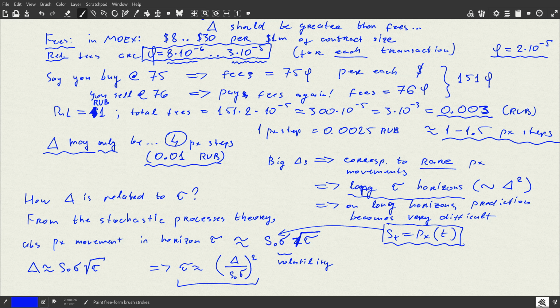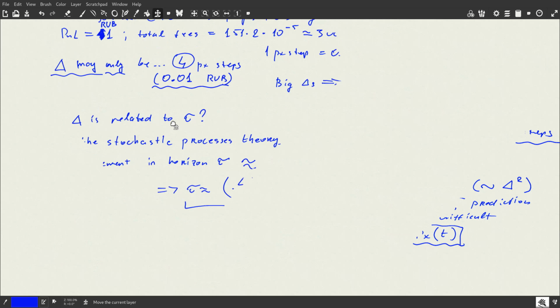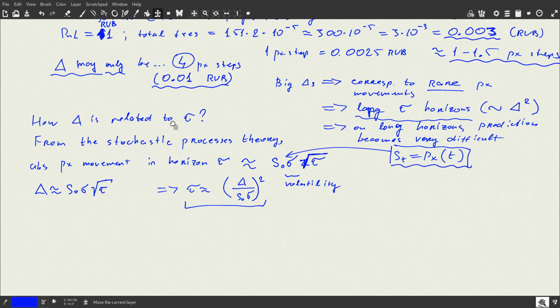What does it mean? This means that, and there will be one very important consideration apart from the fees which we need to take into account. Let's make some computations related to this formula.